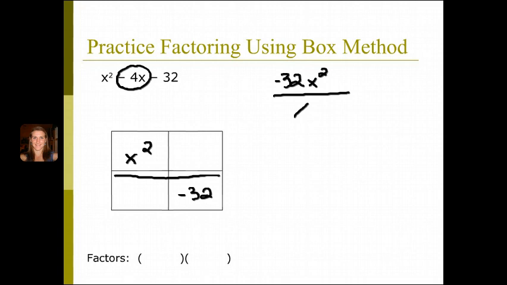So when we look at our factors of negative 32 that add up to negative 4, we have 4x and negative 8x. Remember that the 8 has to have the negative because we want our answer to be a negative 4. And then just put them in the box in the empty corners.